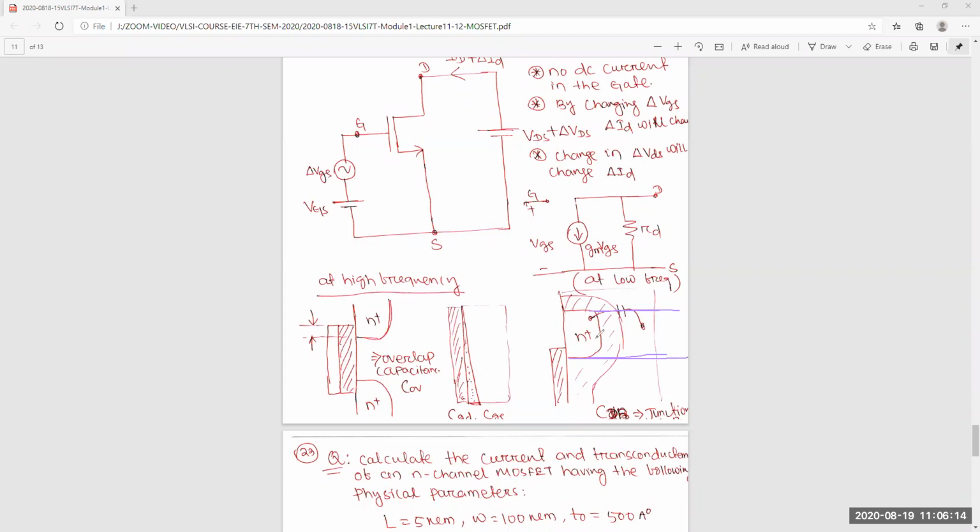So N plus to P. Generally in almost all books they draw it this way. This is suppose N plus drain, this is P. From this to this is called the bottom wall capacitance. This is the depletion region.